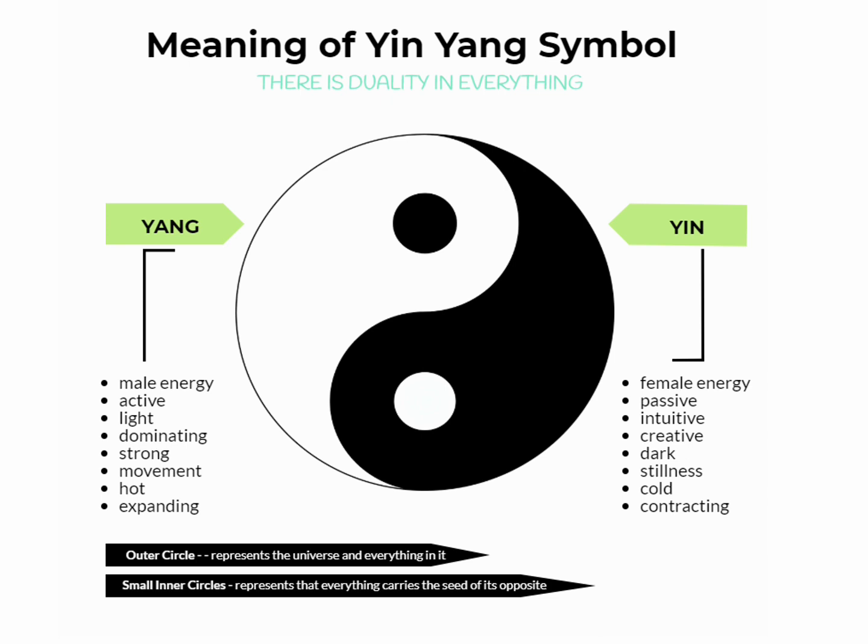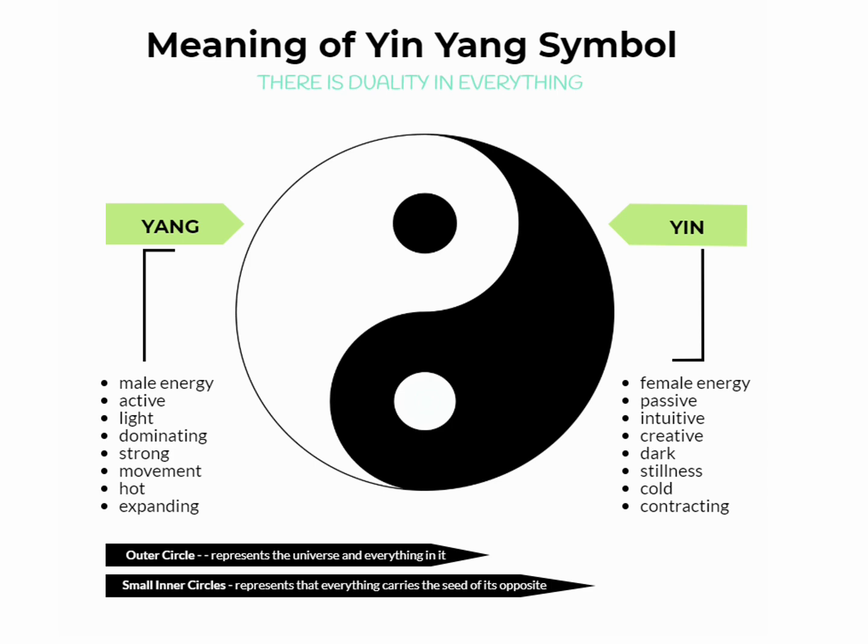Within the symbol, not only do the white and black segments fit perfectly with each other to form a circle, each has a small circle of the other color within it to further show the connection between the two. The small circles also show that nothing is absolute. In all yin, there is a little yang, and vice versa. This further demonstrates the connection between the two.